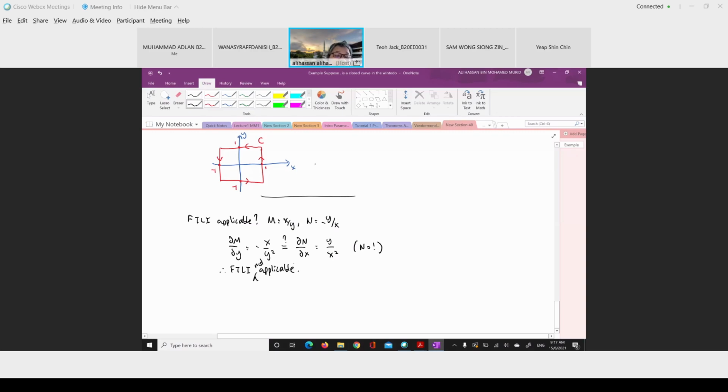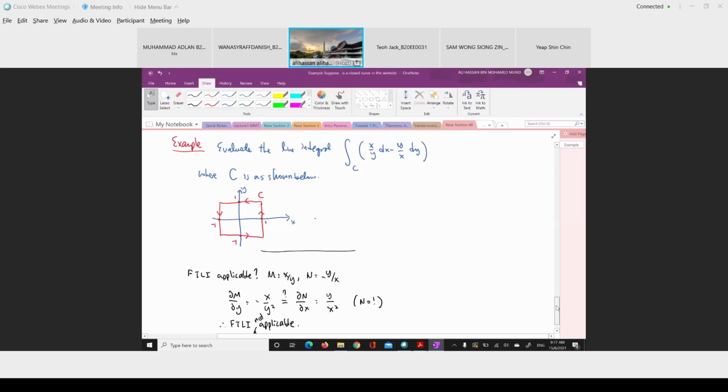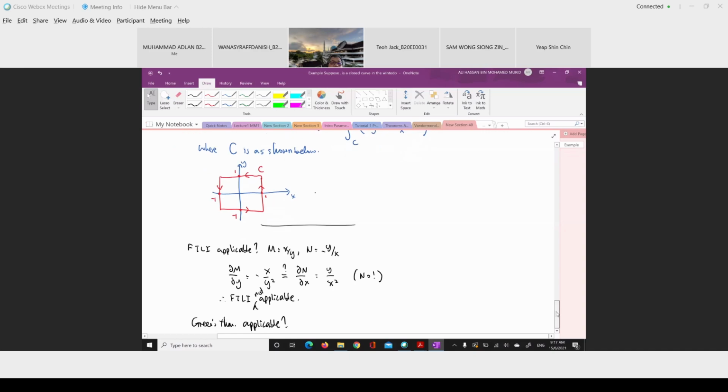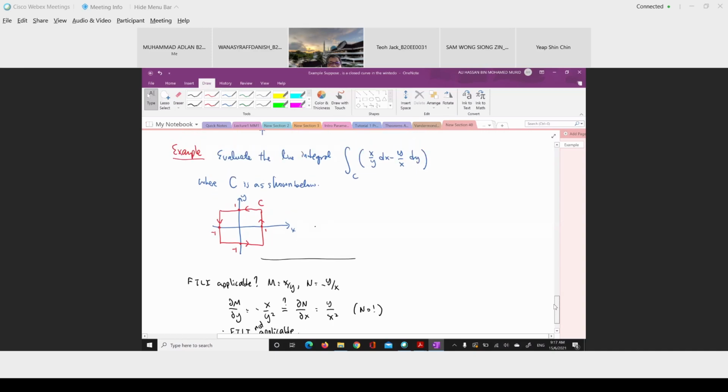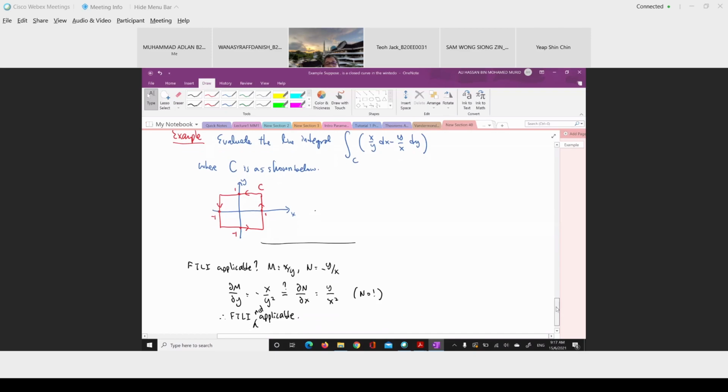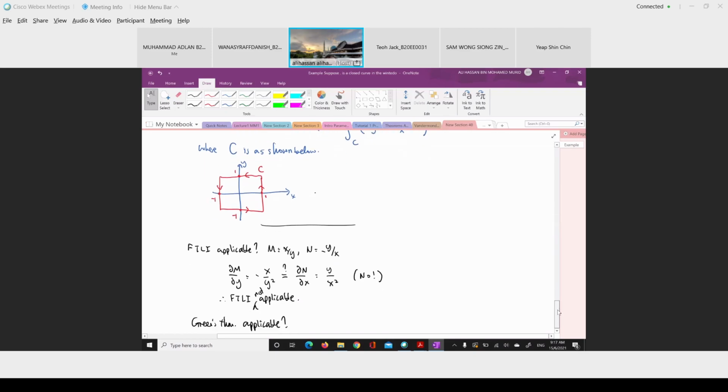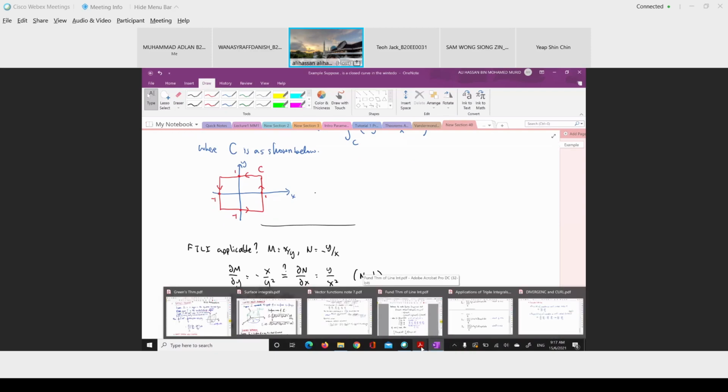What about Green's theorem? Can we apply Green's theorem? Actually, the answer is no. Look at the statement of Green's theorem again.